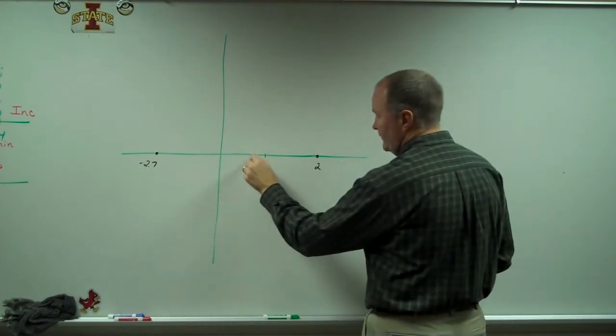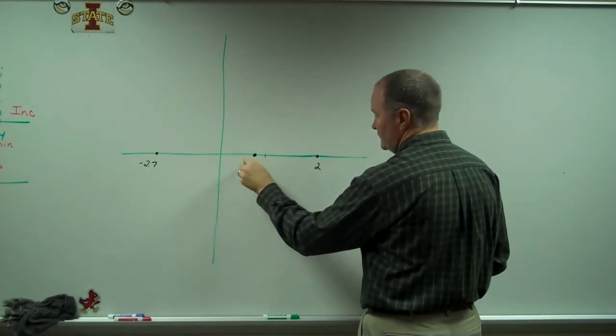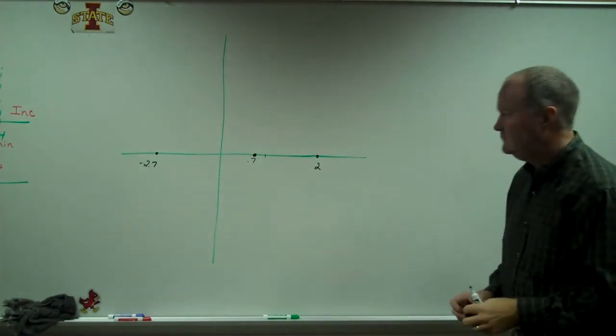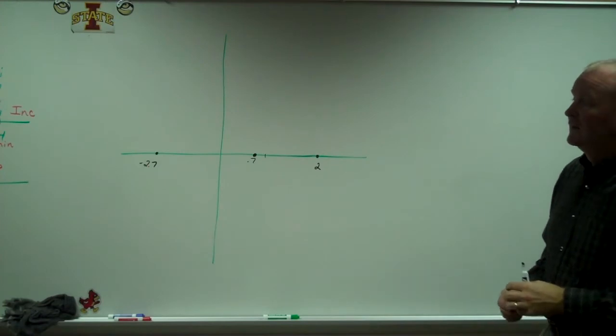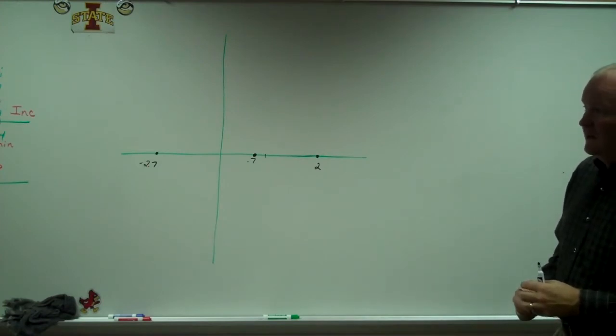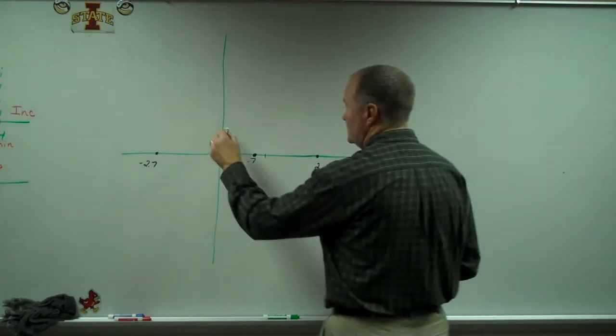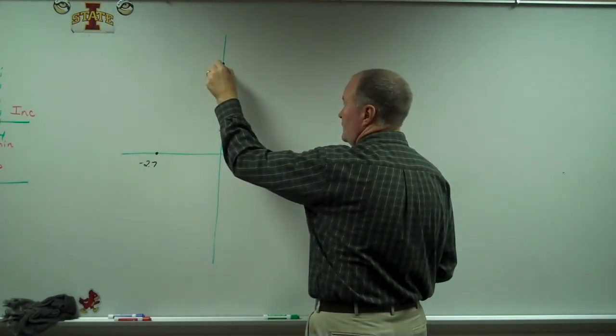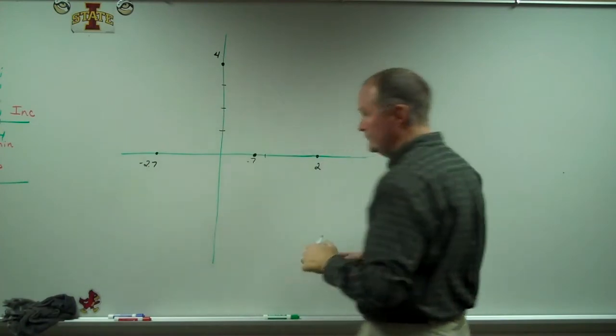And then a 0.7. That way you know where everything's at. I might have made this a little large. And y equals? 4.